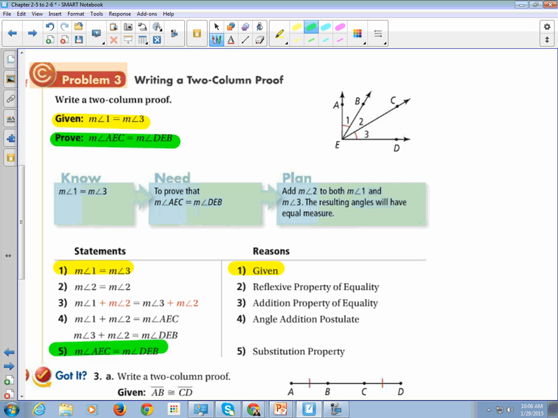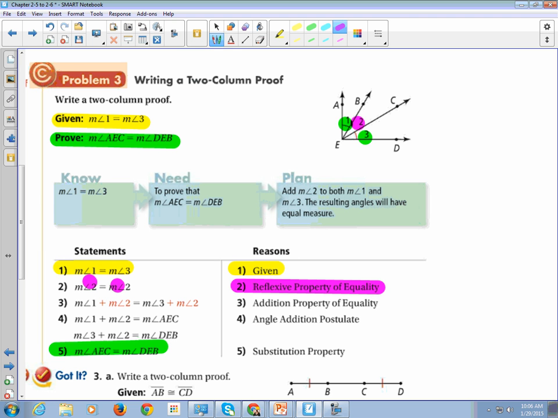All right, so if the measure of angle 1 is equal to the measure of angle 3, that's this and this, then we can say the measure of angle 2 is equal to the measure of angle 2. That's the reflexive property of equality. Think of the statement that you're equal to yourself.